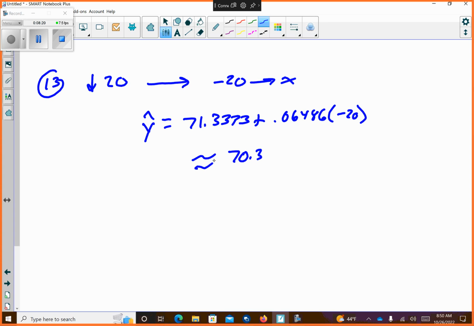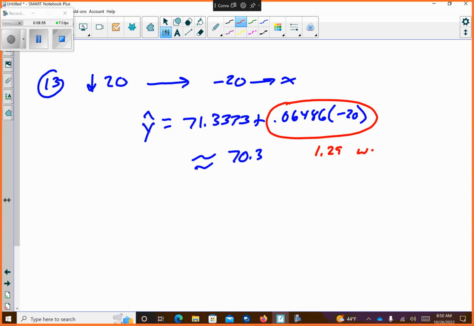Cool. All right. You know what the question asked? If we're going to go down by 20, this is all the math that I'm going to do right here. Will someone do that for me? 0.06486 times negative 20. Anybody? 1.29? Yeah.